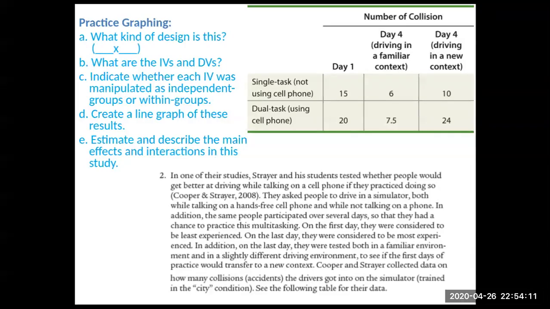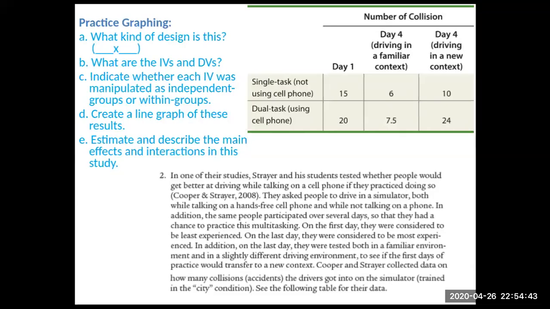So if we were to do this, you could see that for marginal means, single task cell phone, 15 and 6 and 10, 31 divided by 3 would be 10.3. For dual task, 20, 44, 51 and a half divided by 3 would be about 17 and a half. So we have 10.3 and 17 and a half.